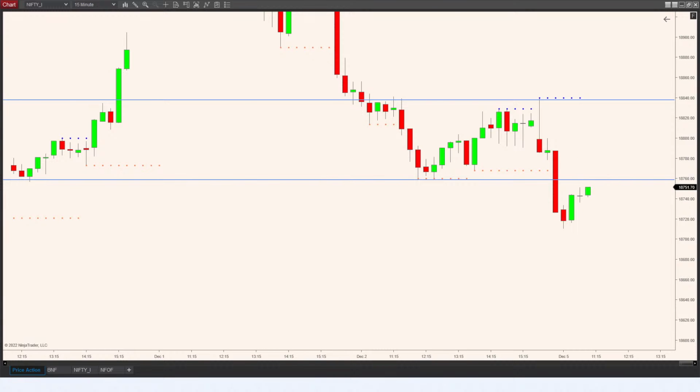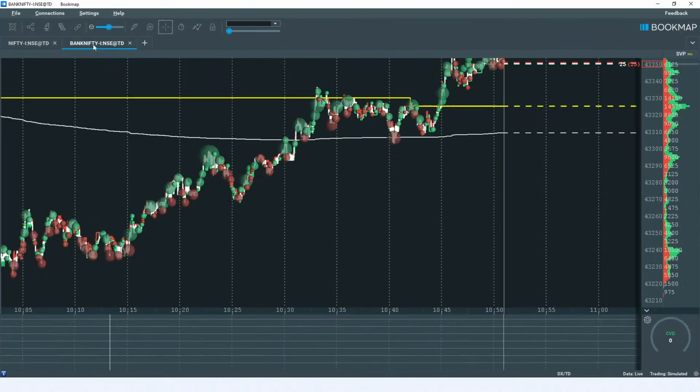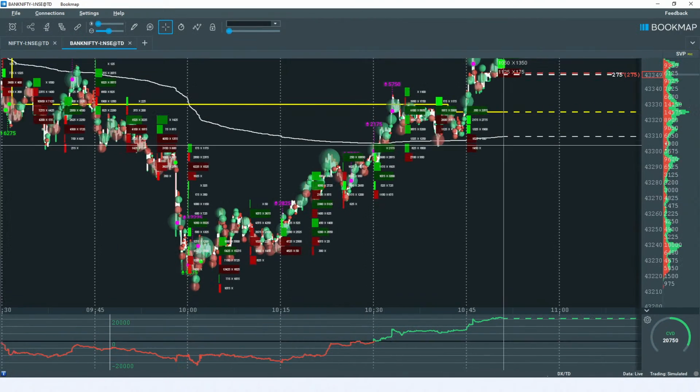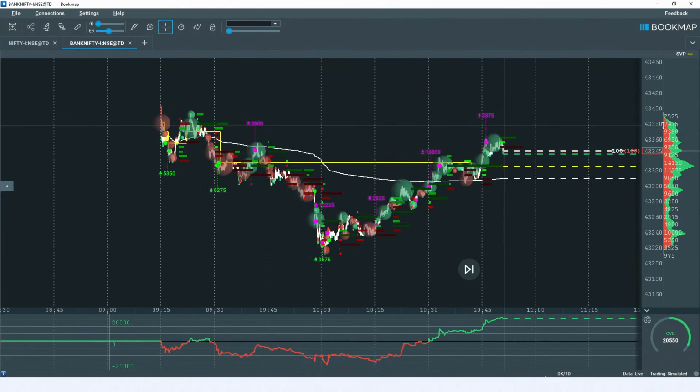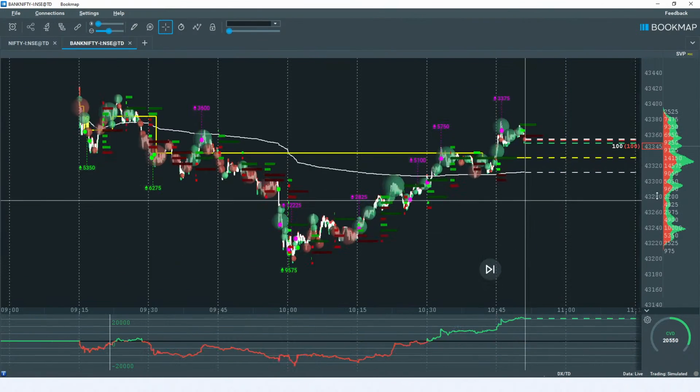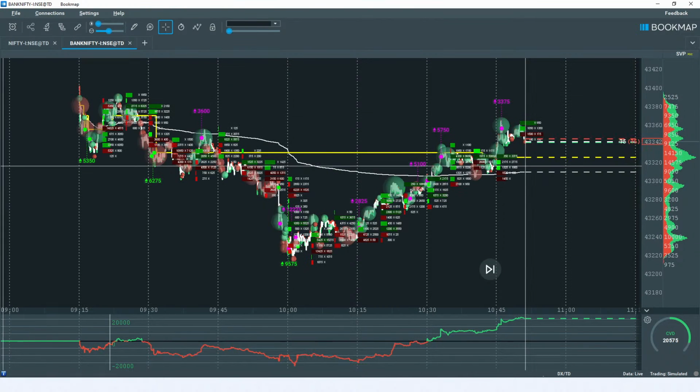But in terms of Bank Nifty, it is very clear for us that we are looking for long opportunities. I think Bank Nifty is still looking stronger. Just a moment.